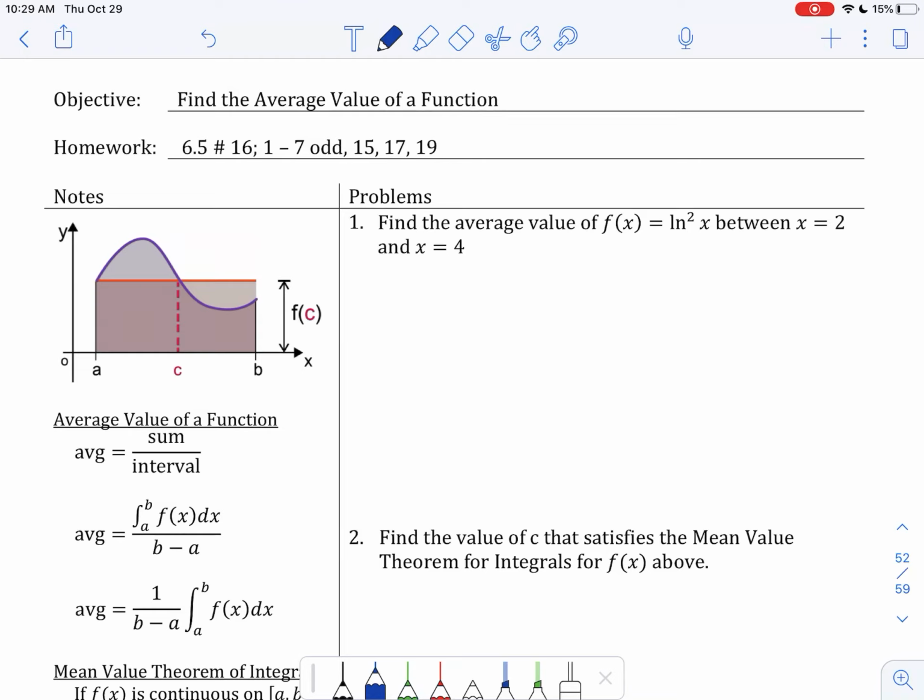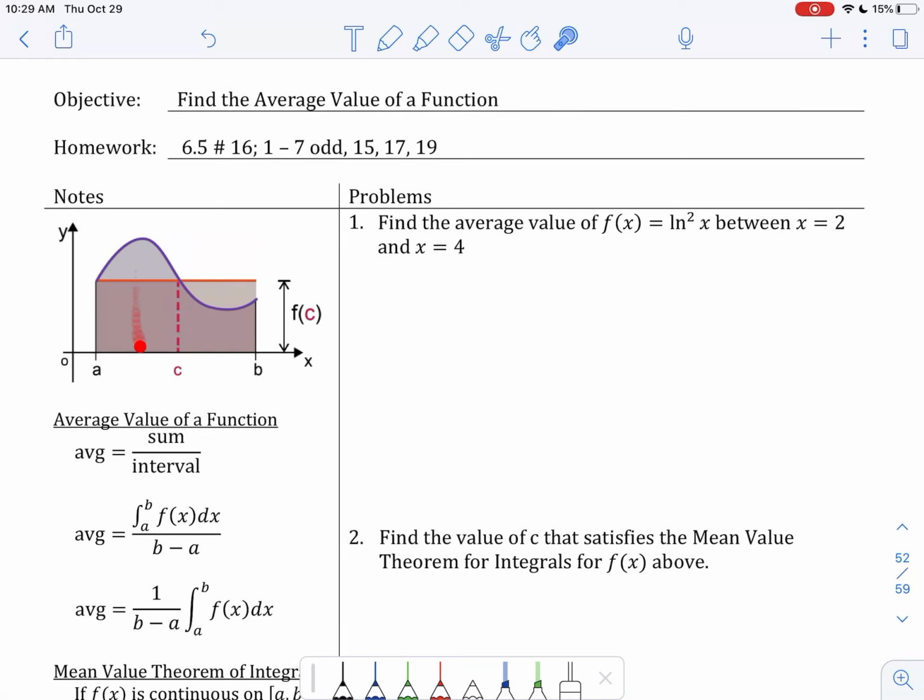So, find the average value of a function. If you remember this from previous classes, the idea is that if I have a function f of x, it goes higher here, it goes lower, and there's the average value, which is this. The average is the sum divided by how many numbers you have, divided by the interval.